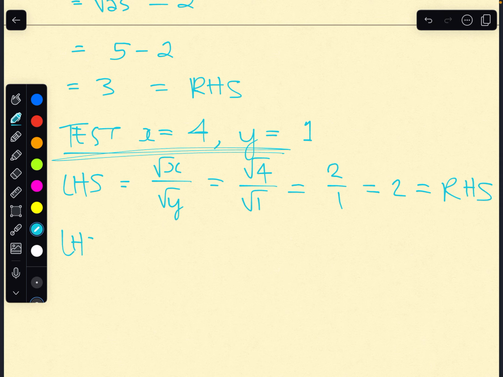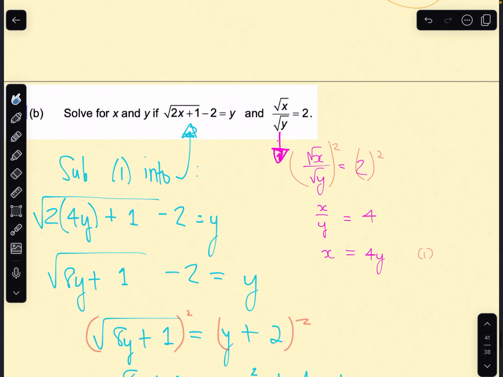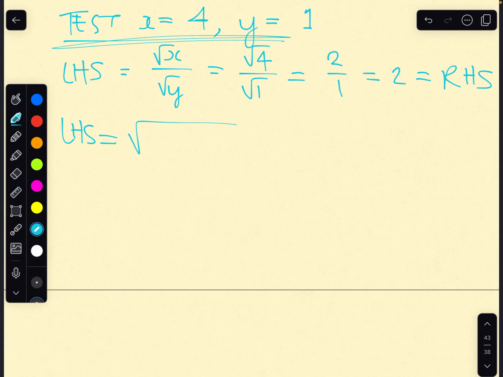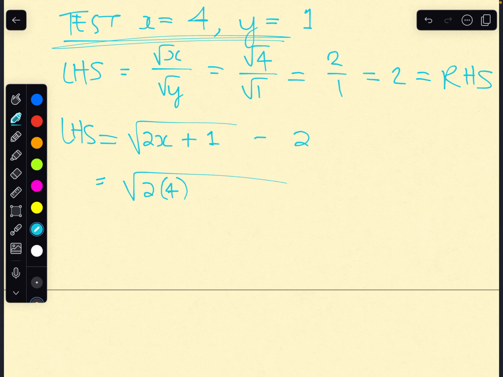Then the second equation says root 2x plus 1, minus 2. So that is root of 2 times 4 plus 1, minus 2.